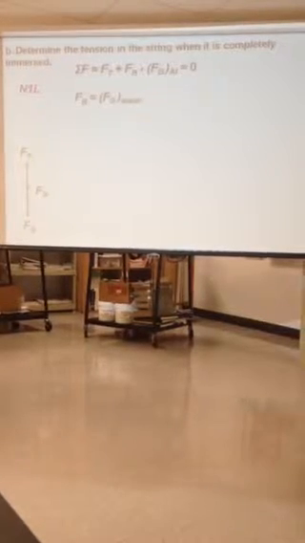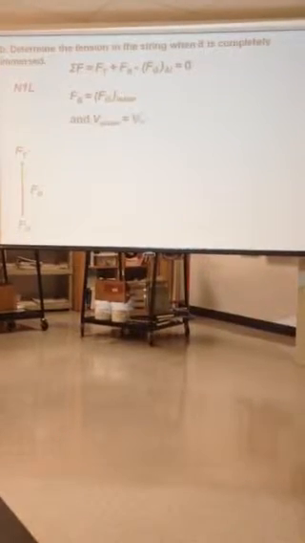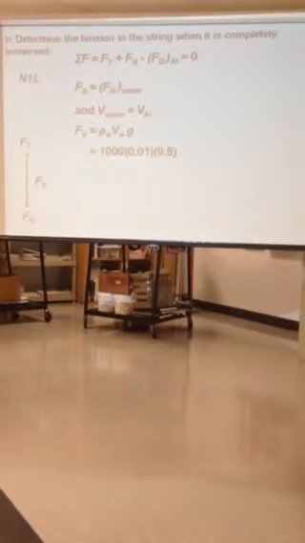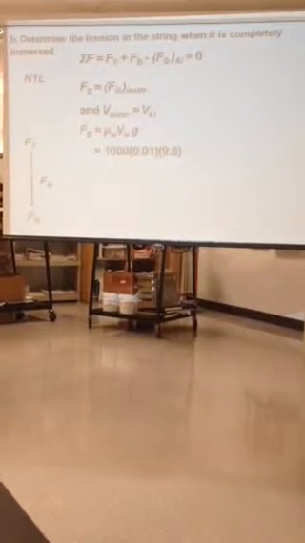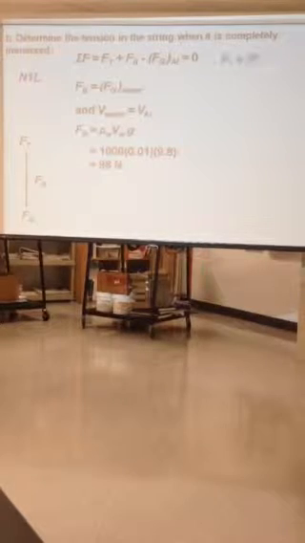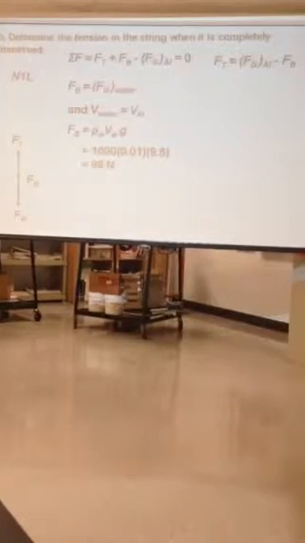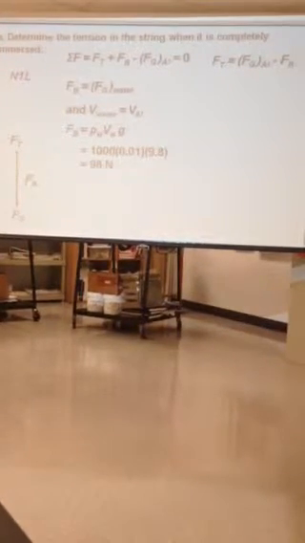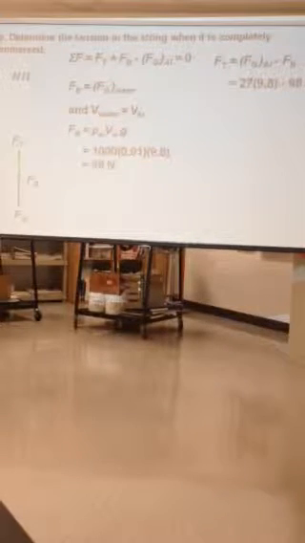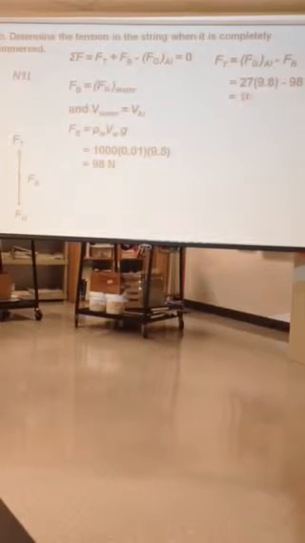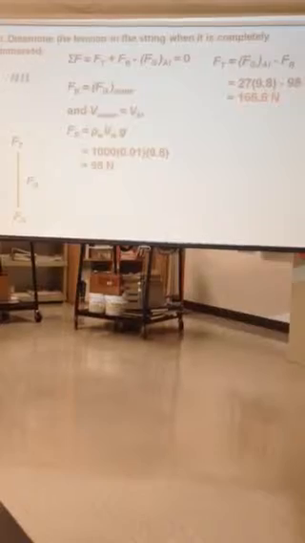And we'll do more of these in class for this next 6 weeks. All right. So the force buoyant, density times volume times gravity. That's where we got our 98 newtons. Force of tension is going to be force of gravity of the aluminum minus force buoyant. So 27 times 9.8 minus 98, 166.6, 167.